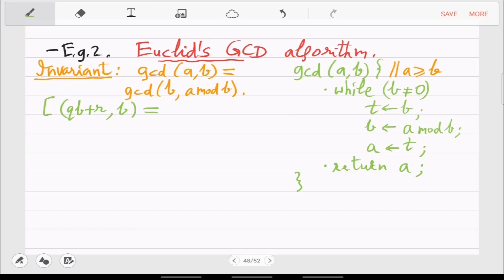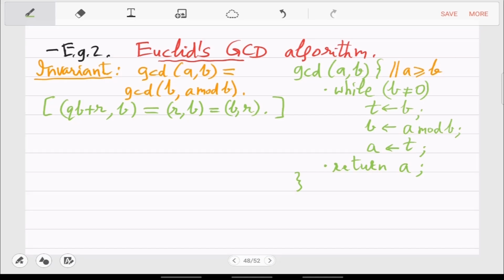Yeah, so you can subtract multiples of B from the first one as many as you wish. So here you can subtract Q times. So when you subtract, then you get R comma B, which is the same as B comma R. So that's all. Okay, so just application of this simple formula for GCD, which follows from definition of GCD.